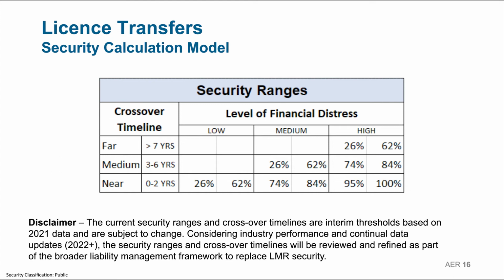This liability, along with the licensee's level of financial distress and crossover timeline post-transfer, provides the range of security. For example, if the liability included in the transfer application is $100 and the licensee has a high level of financial distress and a crossover timeline post-transfer that is near, the security requested could be $95 to $100.